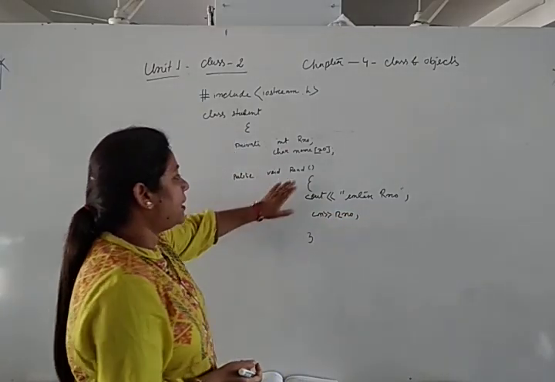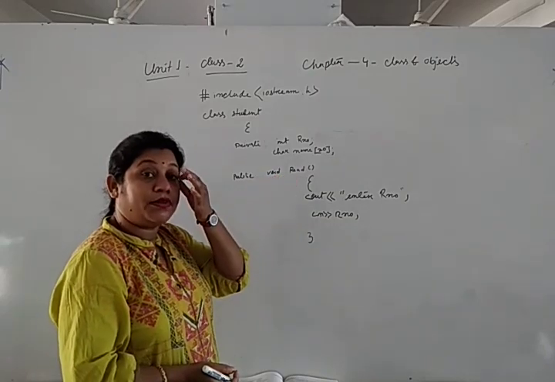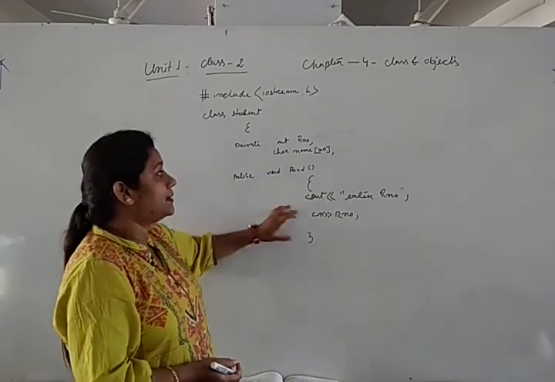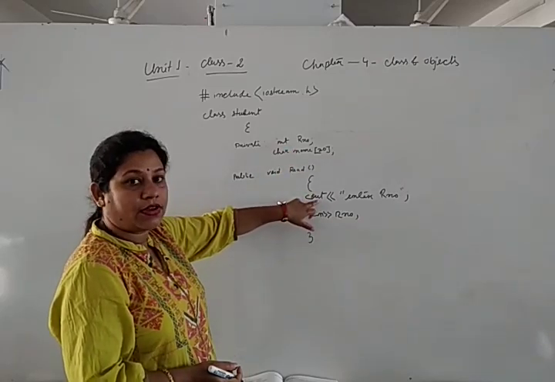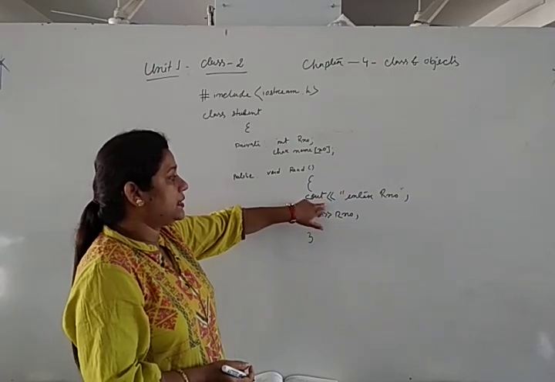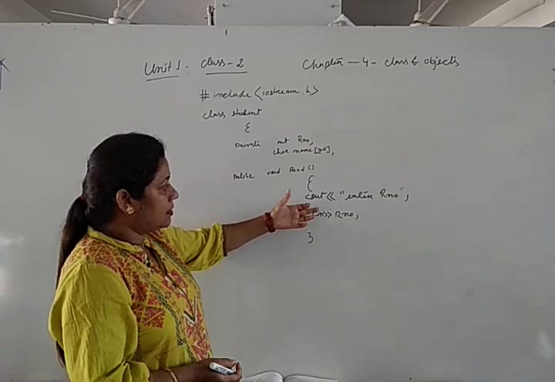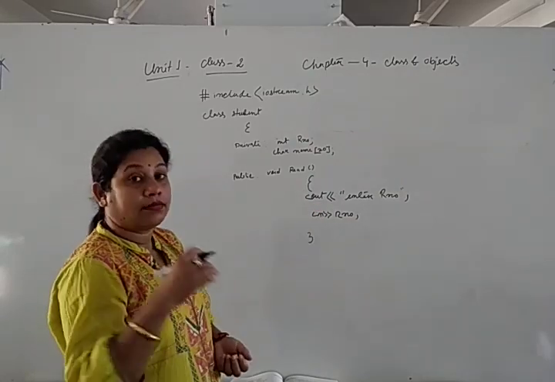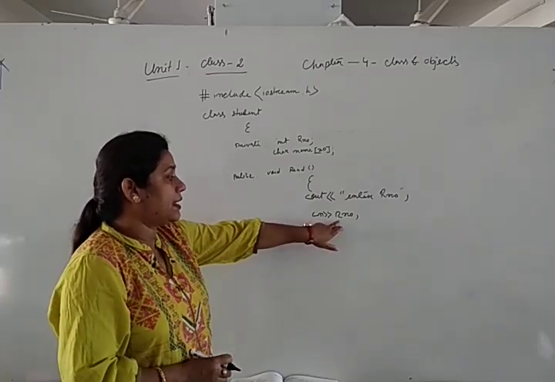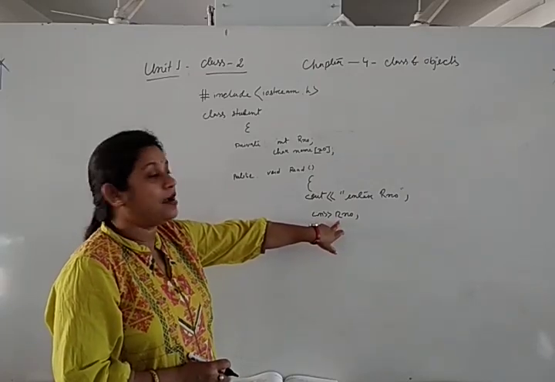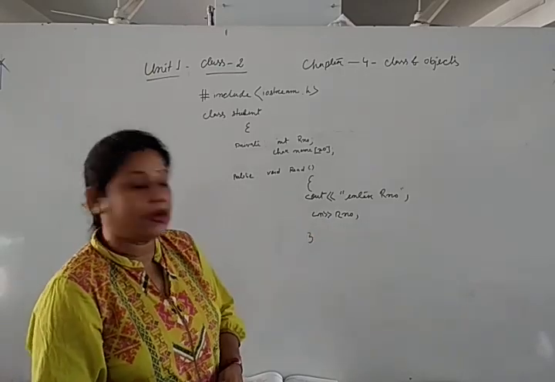Here I declare one user-defined function, read, to enter the data members. I use cout to ask the user to enter the roll number. After receiving this message the user presses a number on the keyboard, and that roll number is captured by the cin function and stored inside the computer memory.